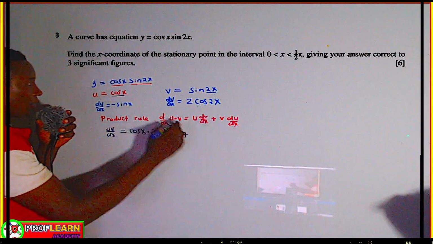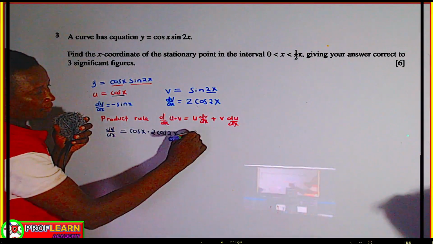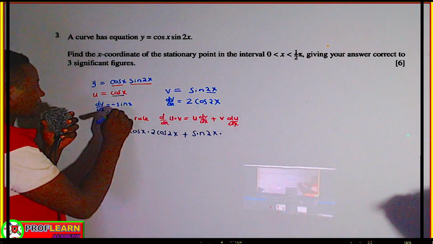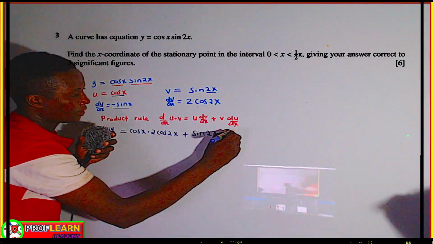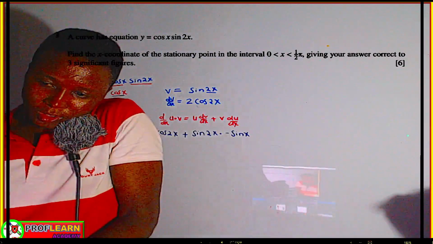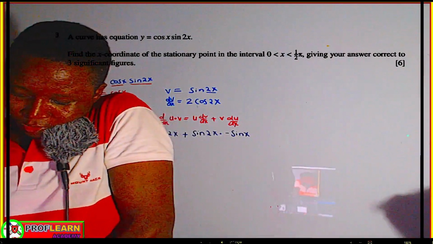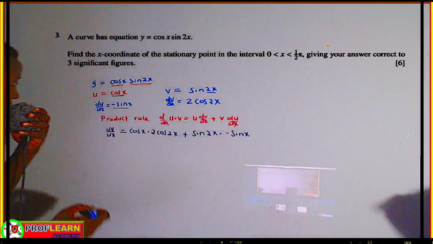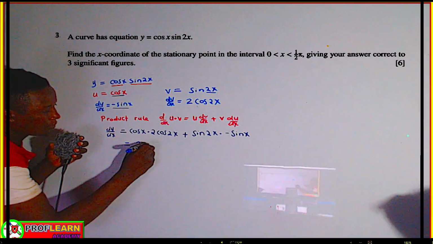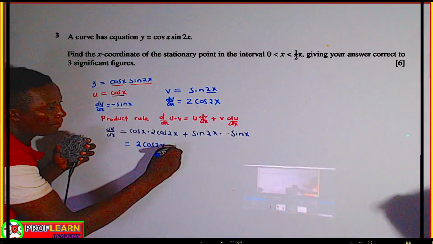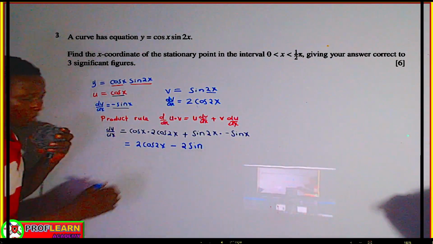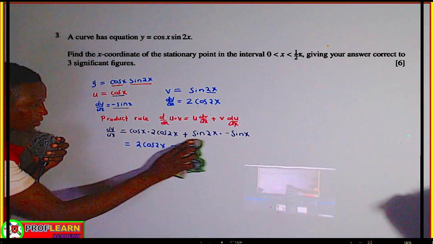Plus v, our v is sine 2x times du dx, and our du dx is negative sine of x. So the only thing that we have at this particular point is to go ahead now, try to simplify and put things in order, and that's going to be 2 cos 2x minus 2 sine. Okay, no, I think I'm just jumping the gun at this point.